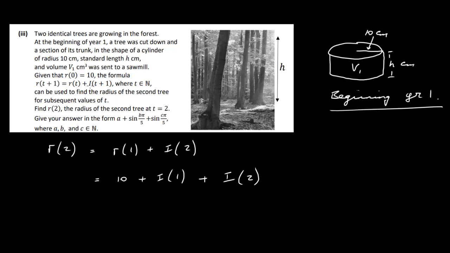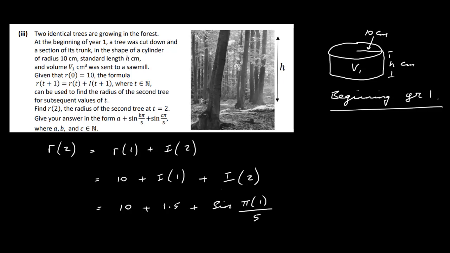We're told that up here, R0 is equal to 10, plus the increase during year 1. So this is everything we need to find here. So our answer then really is going to be 10 plus the increase during year 1. The increase during year 1 is just the formula, which is 1.5 plus sine pi times 1 divided by 5. So that's this bit here.